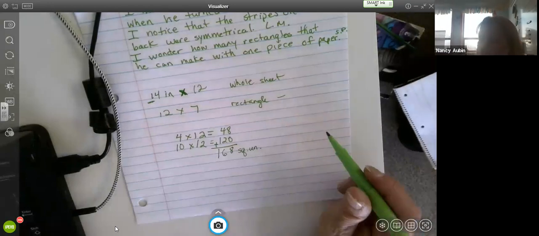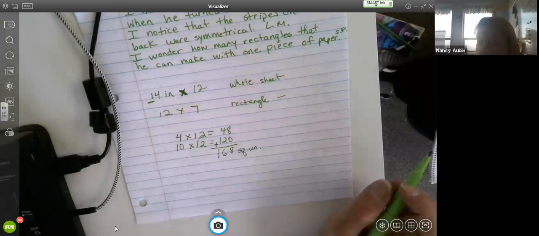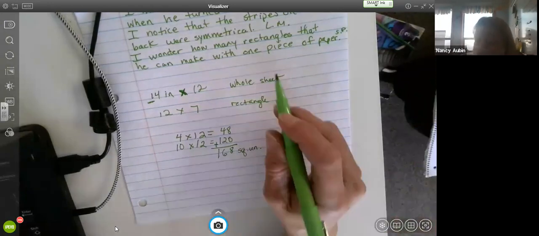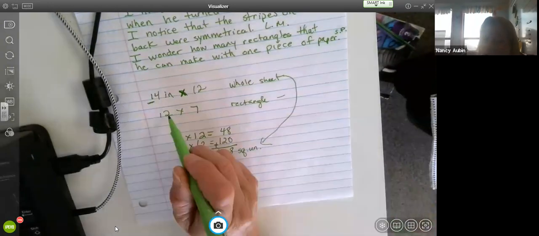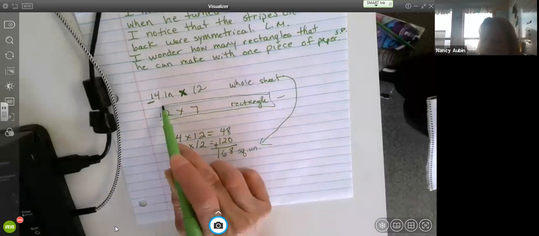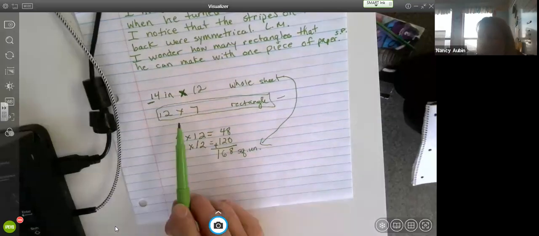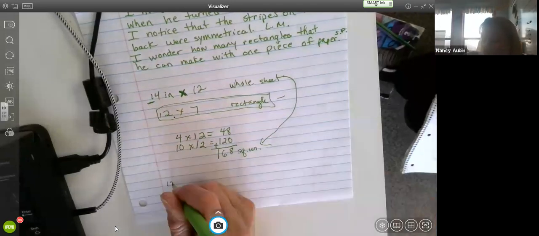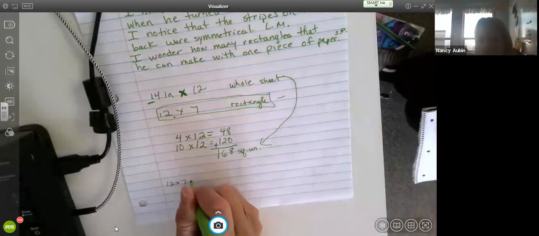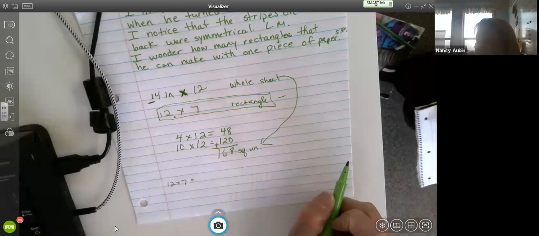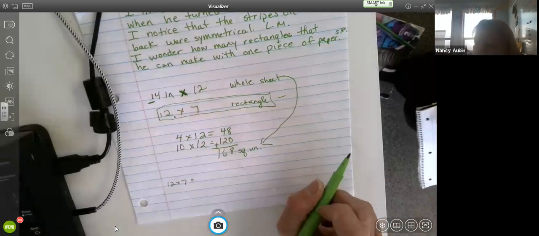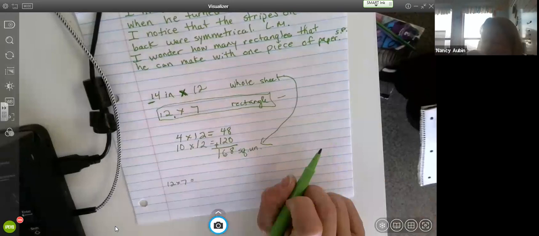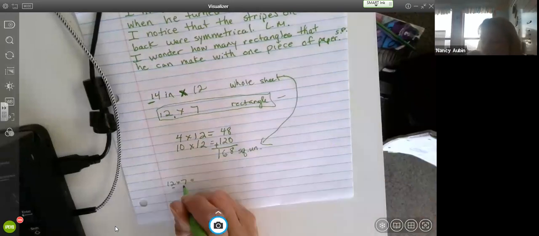So Josh, that's the whole sheet is what you think. We still need to know the area of the what? Smaller rectangle. The smaller rectangle. How would you figure that out? 12 times 7. Okay, what's 12 times 7? I haven't taught that. How do you know? 7 times 2 is 14.